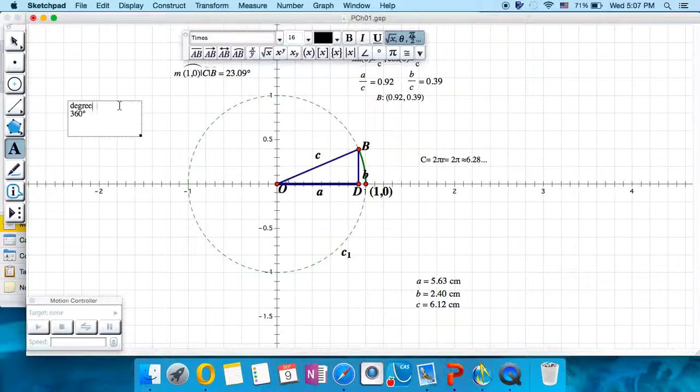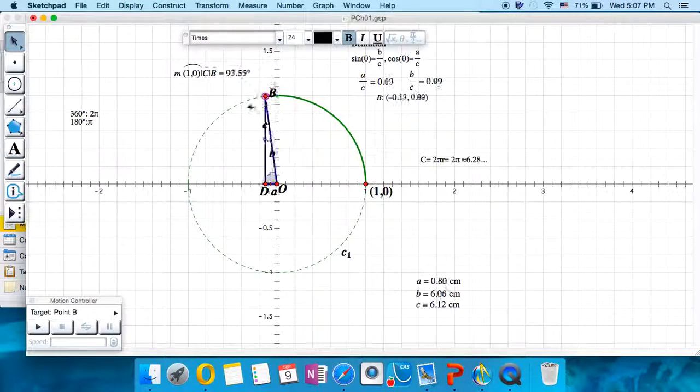Now, if you go around half of that circle, degree-wise it's 180 degrees, and radian-wise it's half of 2 pi, which is simply pi. So right here, the radian is pi.